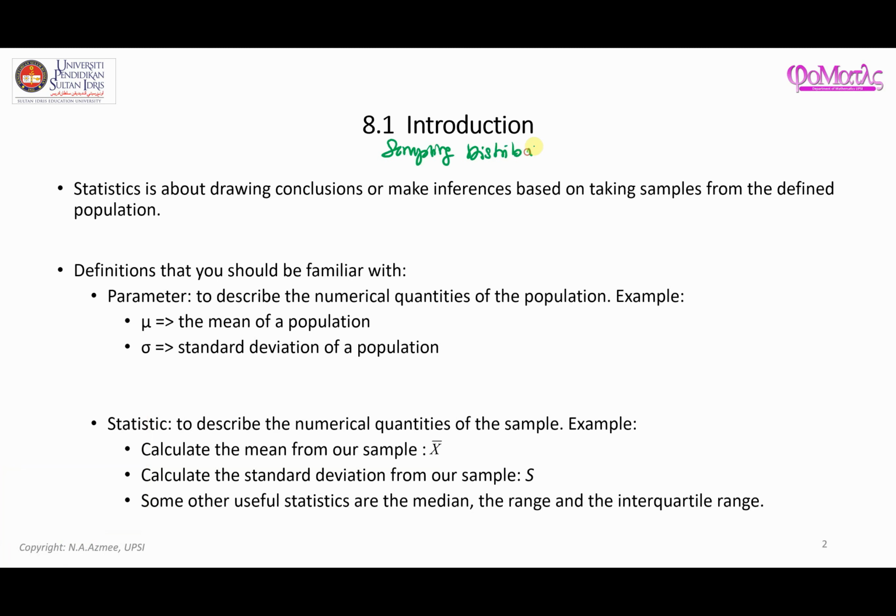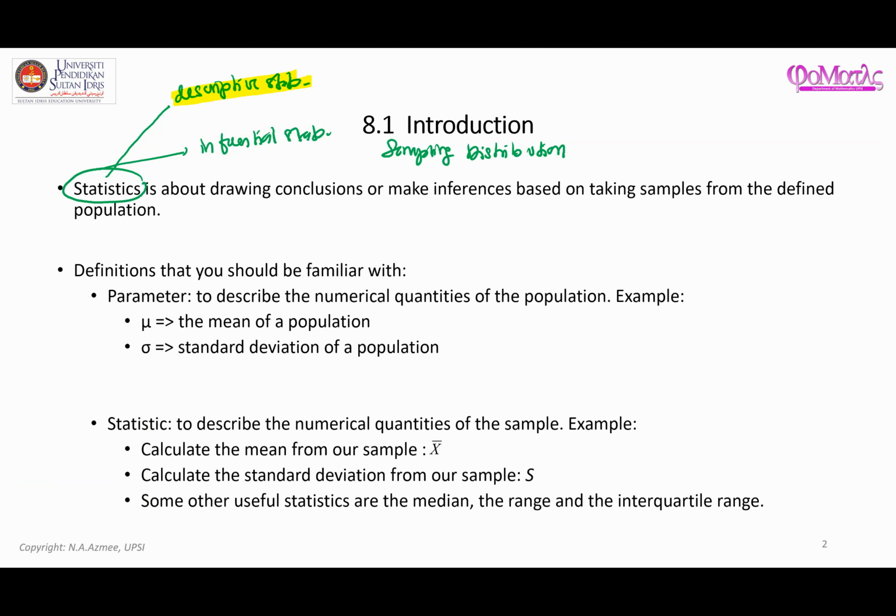Before we get on to that, I would like to talk about the idea of statistics. When we talk about the study of statistics, it can be divided into two categories. The first one is descriptive statistics, and the second one is inferential statistics. Descriptive statistics is all about describing a data set using graphs, using summary measures such as the mean, the median, standard deviation, and all that.